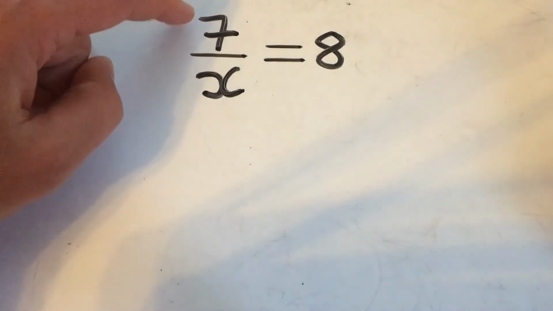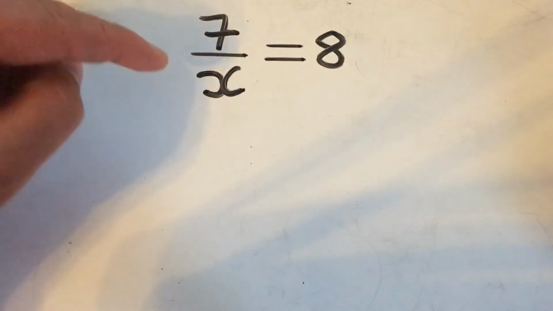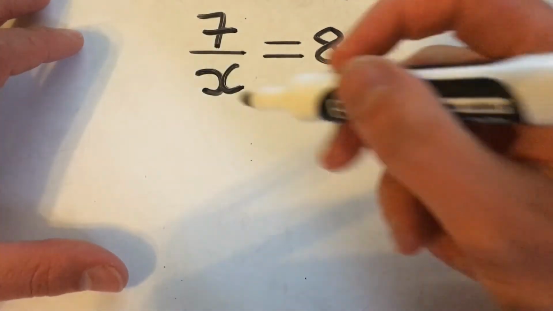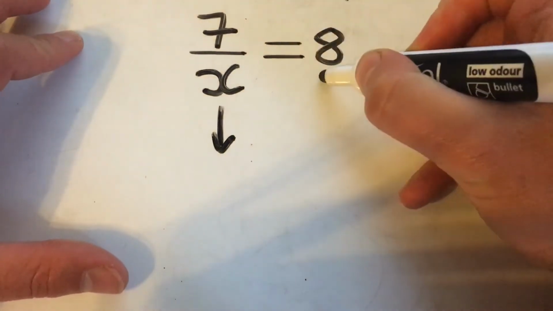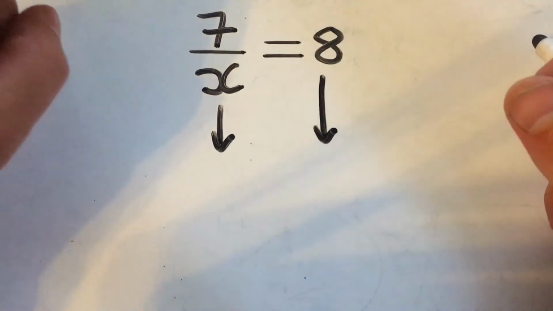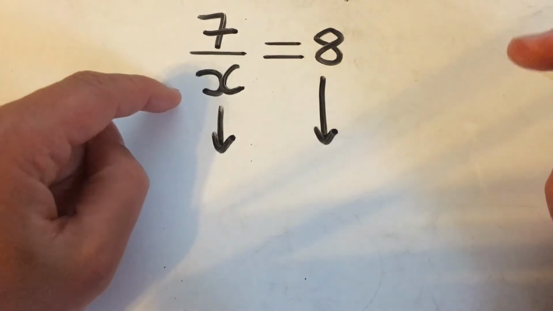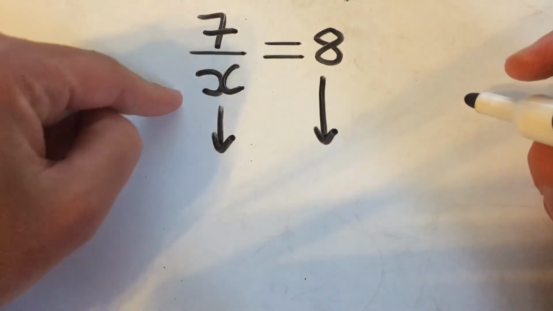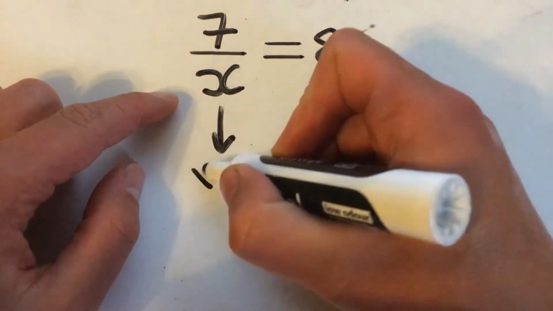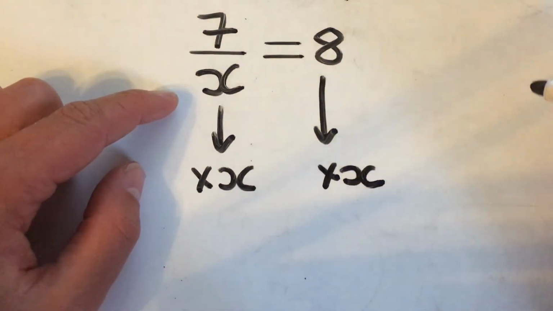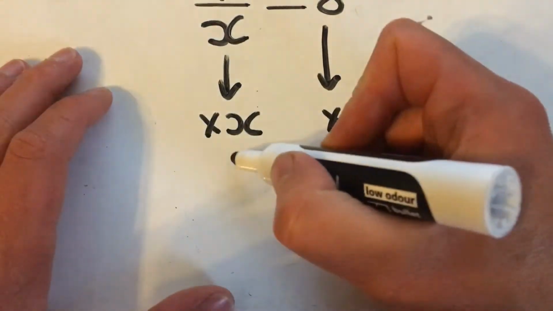Let's read this. 7 divided by x equals 8. And I'm going to use this balance method that we're familiar with now. So I don't really like this divided by x. So to get rid of that, I'm going to multiply both sides of my equation by x.